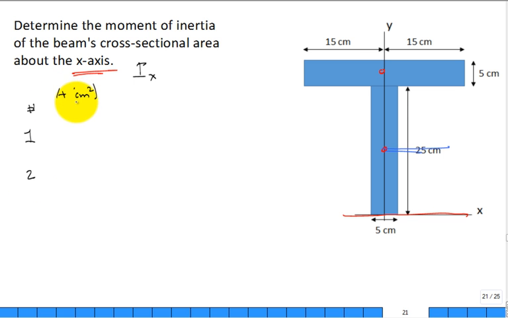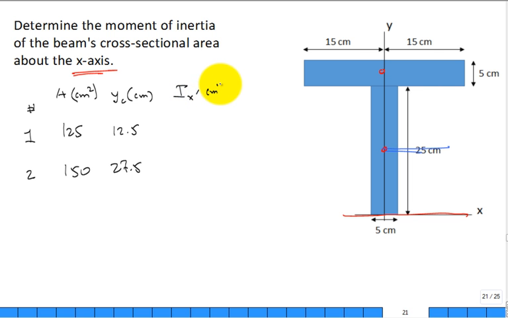We did that before. It's 125 and 150. And then y sub c is the location of the centroid in centimeters: 12.5 and 27.5. We did that before, although we didn't use it. And then we have a column for I x prime in centimeters to the fourth.